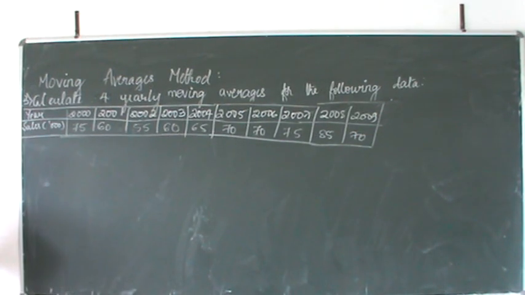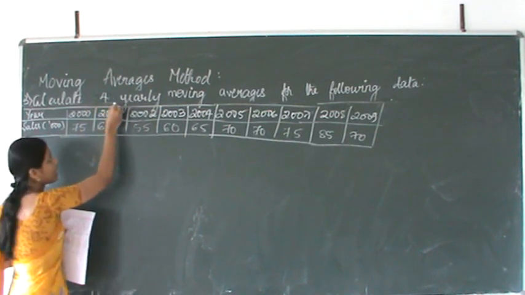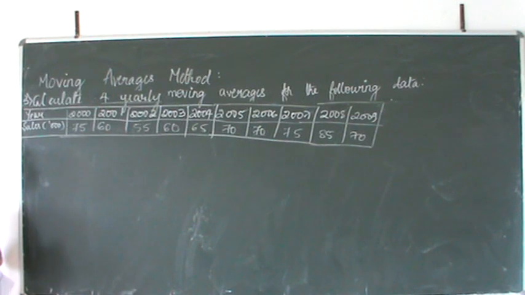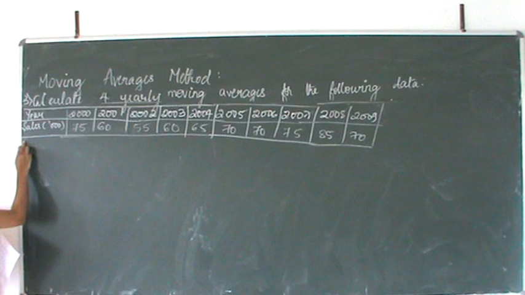This is the information provided in the question, and we are asked to calculate 4 yearly moving averages. In the previous two problems we were given an odd number of years, but here it is an even number of years. So how to write the values at the center of this time span? That will be a problem in the calculation with an even number of years. So we will see in the solution.